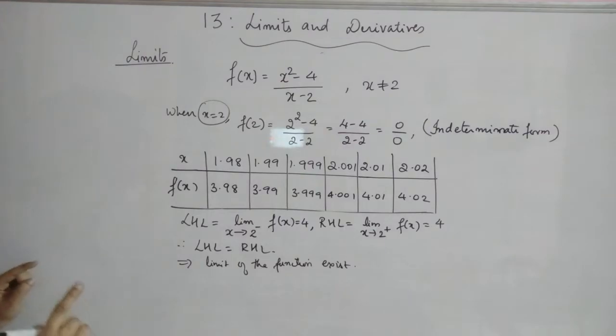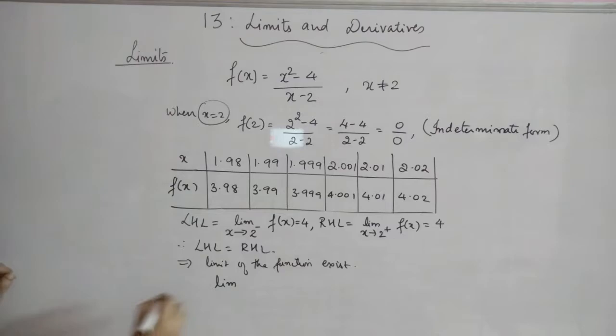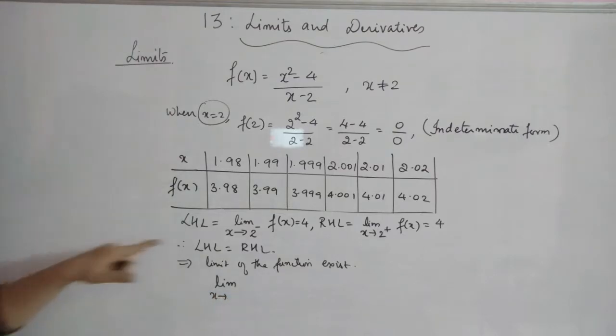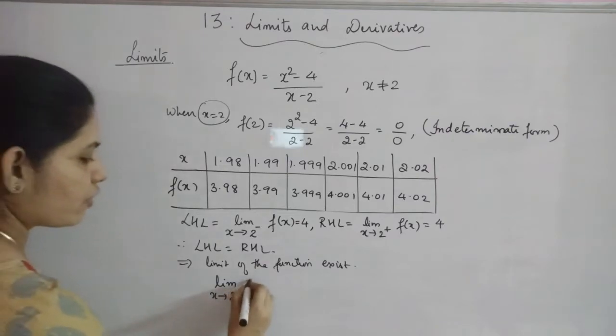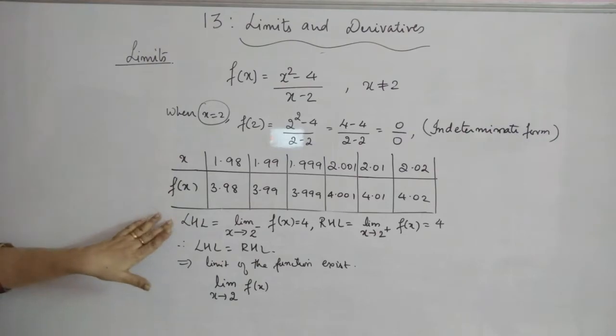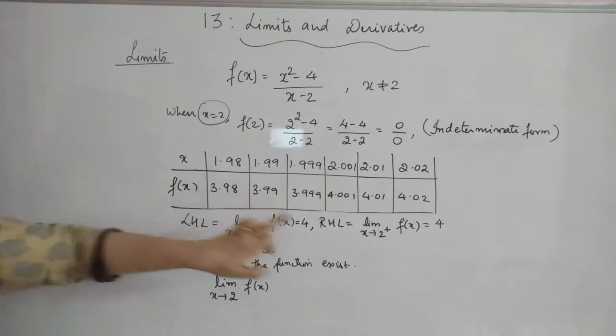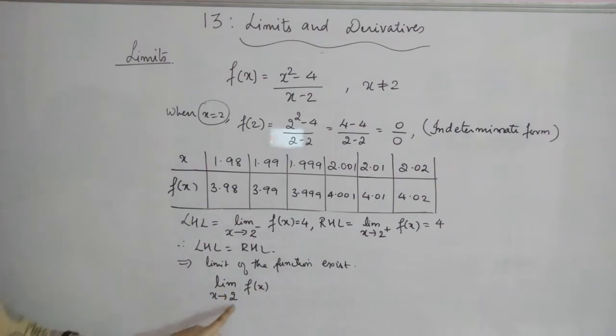Okay, and it is represented as limit x tends to, here we have taken 2, so I am writing 2, f of x. Here I am not writing negative or positive because that is used for the left hand and right hand limits. When I say that the limit exists, I can write limit x tends to 2 alone.